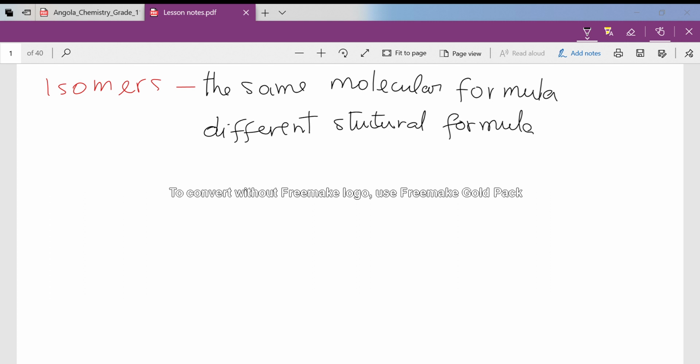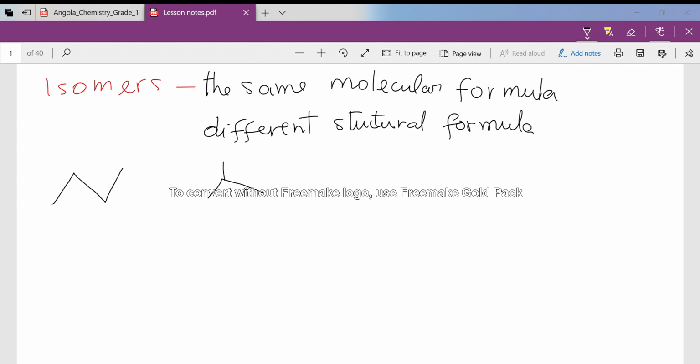For example, let's say we have n-butane and isobutane. Butane has carbons 1, 2, 3, 4, and isobutane will also have 1, 2, 3, 4, written in a different order.